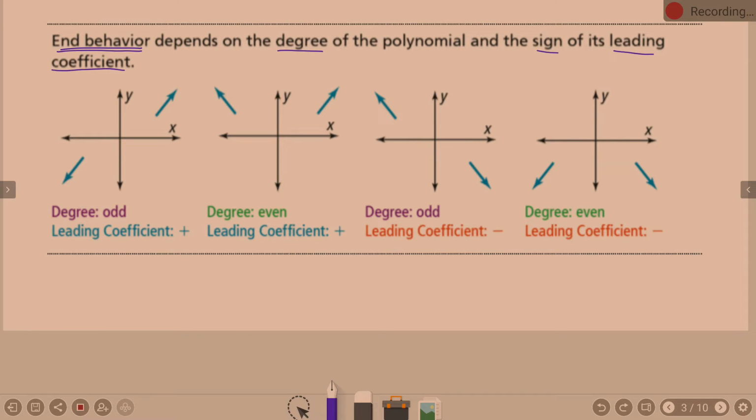So for instance, if my degree is odd, so 1, 3, 5, 7, 9, and so on, and if my leading coefficient is positive, I know my graph is going to look like this. I had a book that called this down and up behavior because the graph goes down on the left and up on the right. This would be an example.